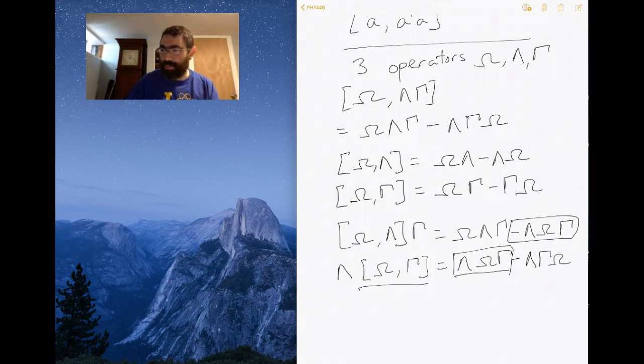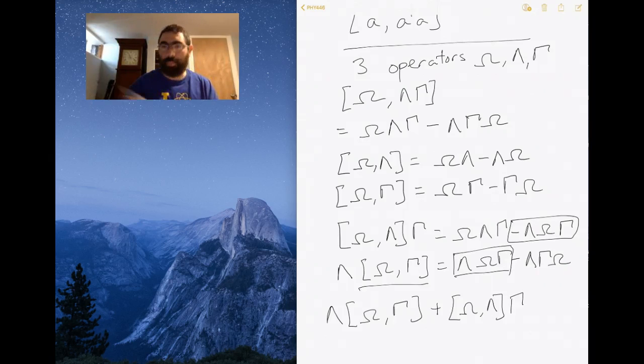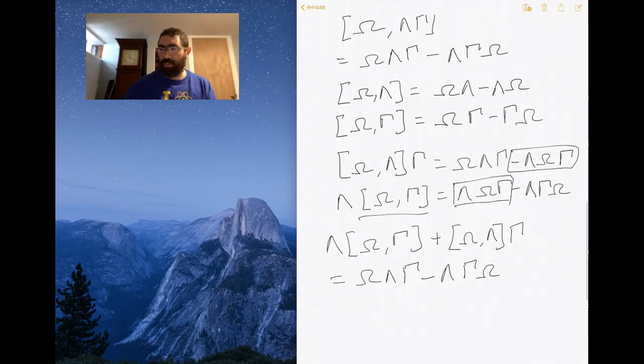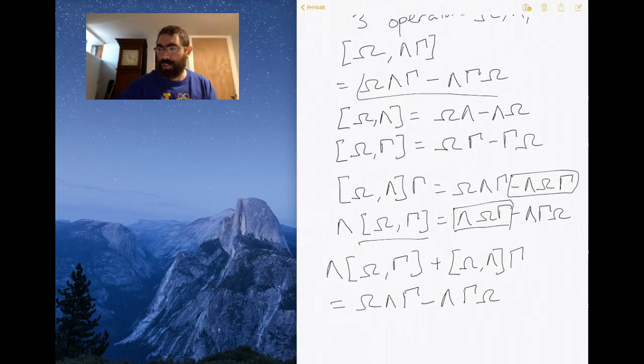So really, if I add them together, so if I was to add basically lambda with a commutator of omega and gamma, plus the commutator omega lambda, which is then multiplied by gamma, then I should get omega lambda gamma minus lambda gamma omega, with those other two terms canceling each other out, which, if I go all the way back to the beginning, was just what you get from the commutator of those two.